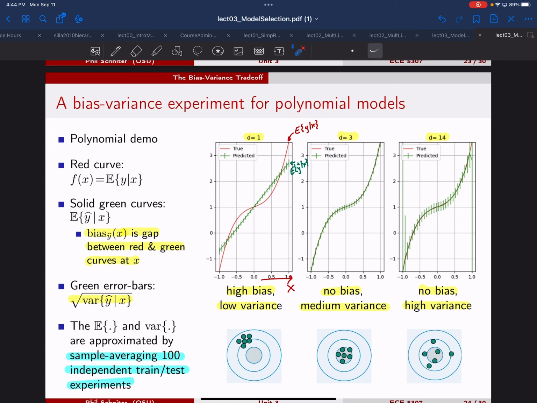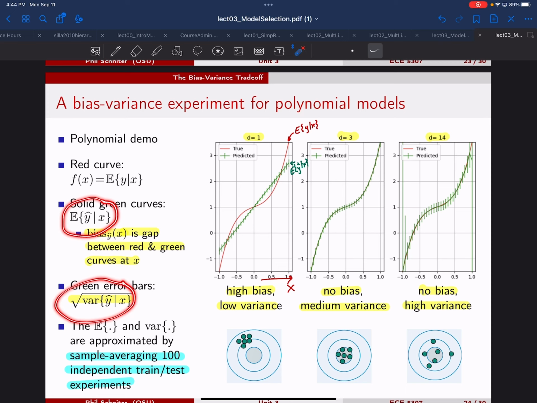Given all that data, we would never design 100 different predictors, because what are we going to do with these 100 predictors? What you suggest is a lot more reasonable. You have all that data, just use it to get one predictor. So we're just doing this as an experiment, approximating these statistical quantities.